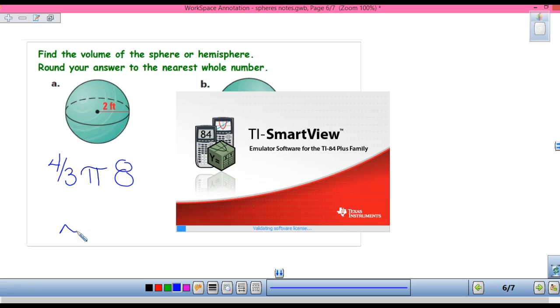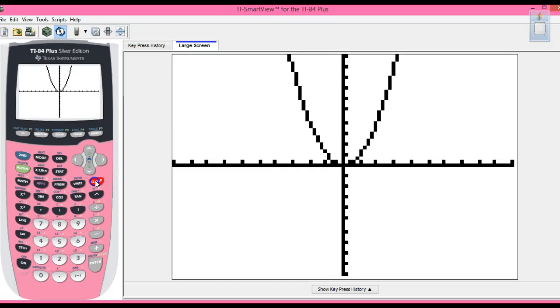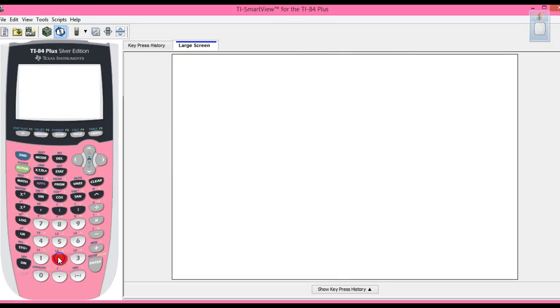No, it's not second anything. So it's 2, and then it's this button, but underneath clear. That's your exponent button to the 3rd power. Okay, everyone see where you're finding your cubed button? Everyone's got that? All right.